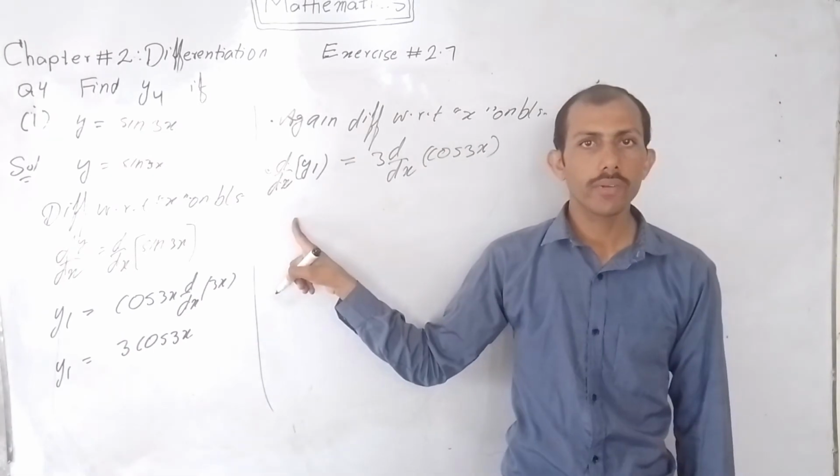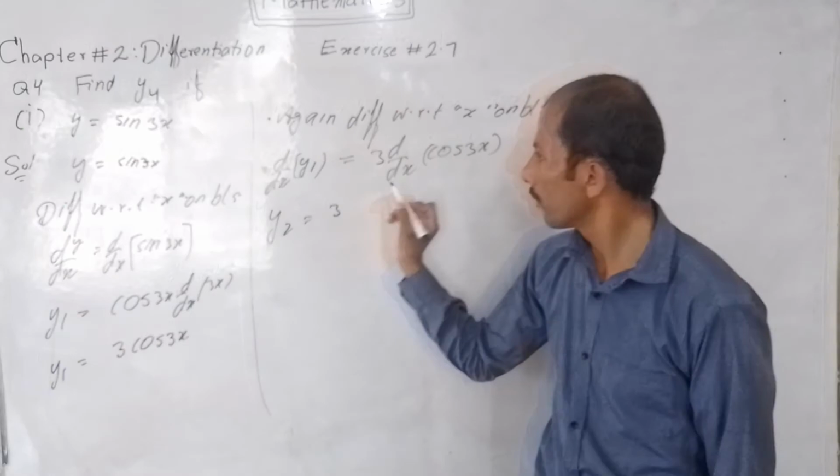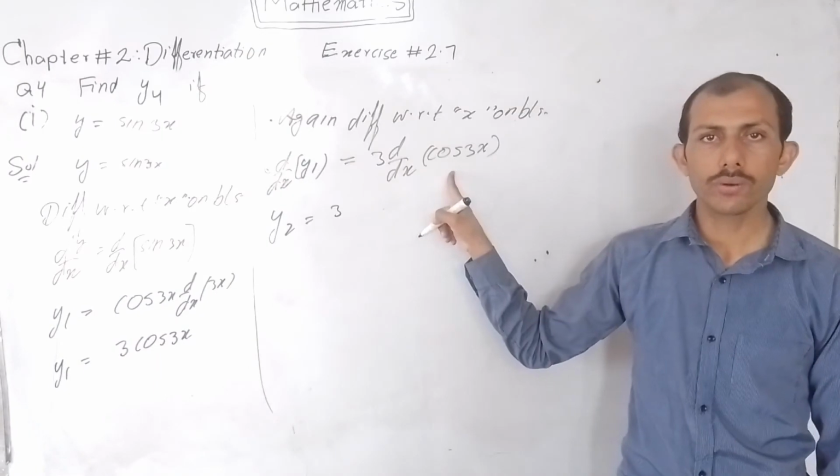The derivative of y1 with respect to x is y2. The derivative of cos 3x is minus sin 3x.